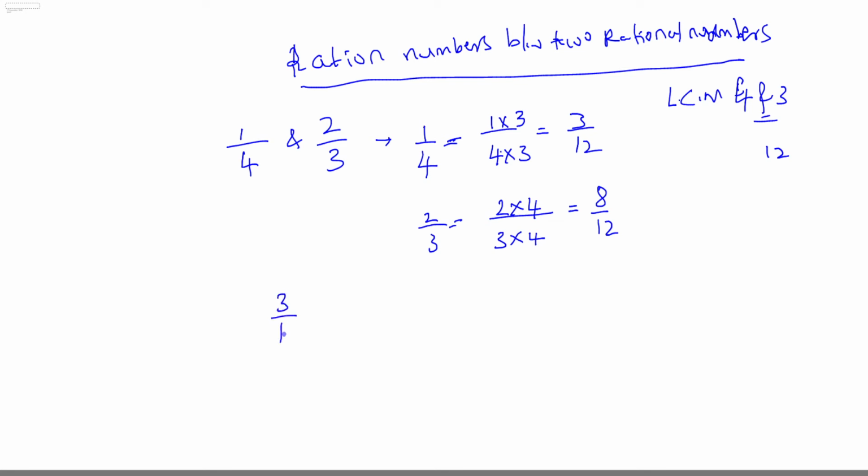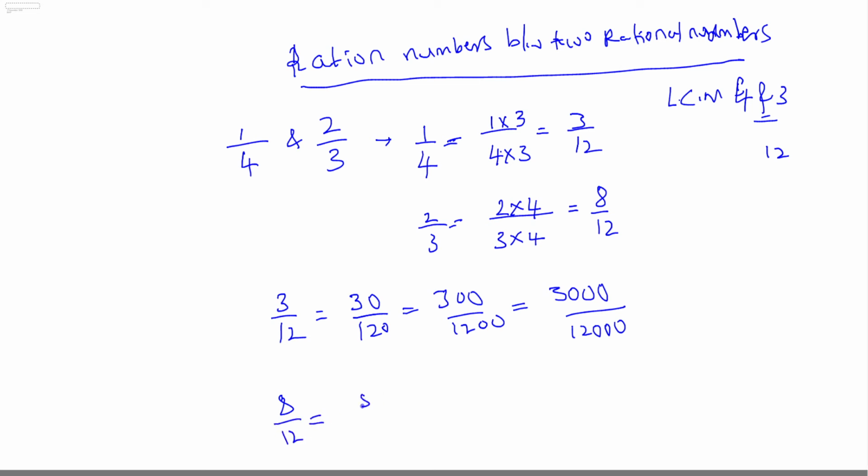See, 3 by 12 can be written as 30 by 120, 300 by 1200, 3000 by 12,000. Similarly, 8 by 12 can be written as 80 by 120, 800 by 1200, 8000 by 12,000.